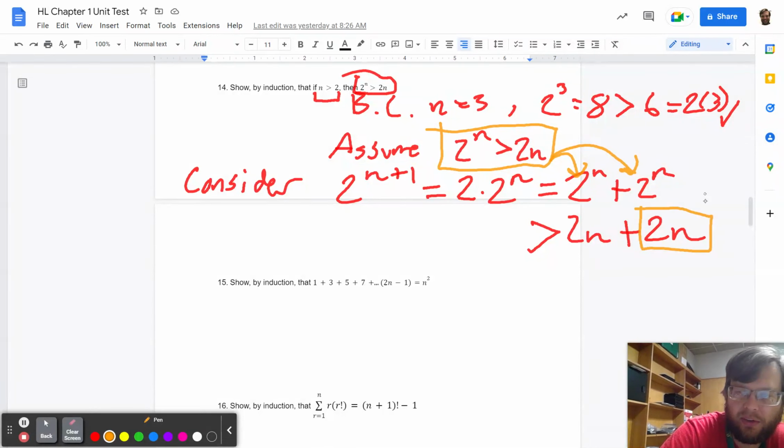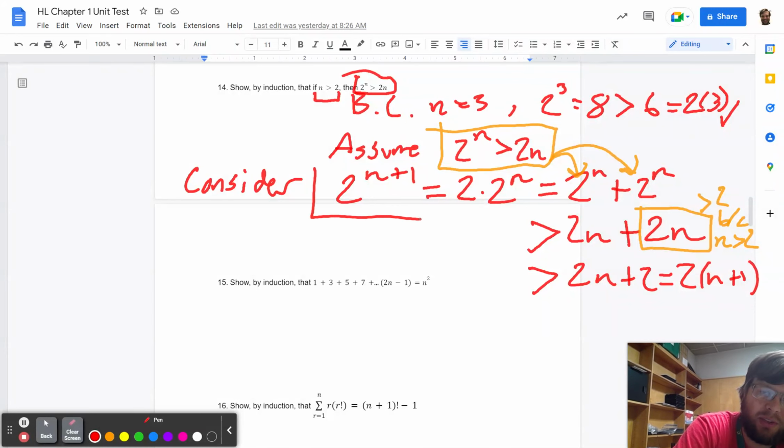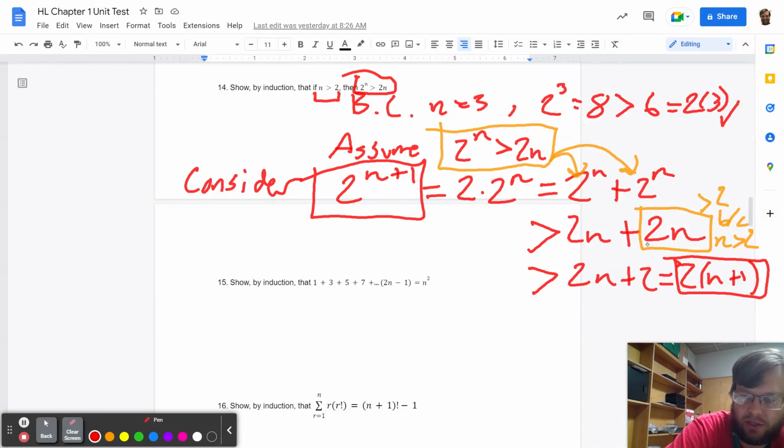I know that this right here is greater than 2 because n is greater than 2. And so I can write that this is greater than 2n plus 2, which is equal to 2 times n plus 1. So we proved that the n plus 1th power is greater than the n plus 1 multiplication, 2 times n plus 1. And that means that the proof is done.